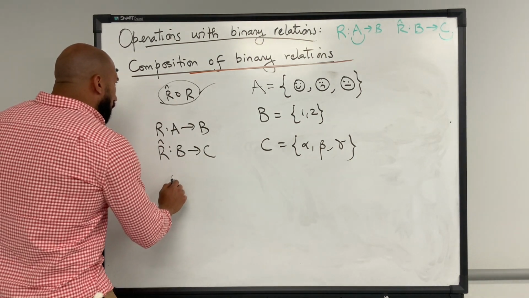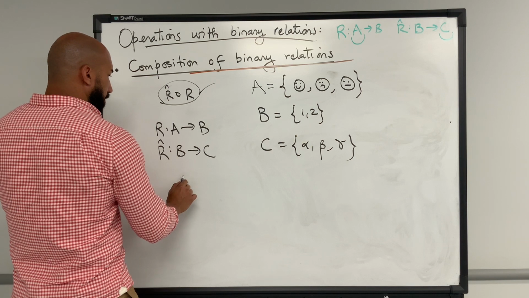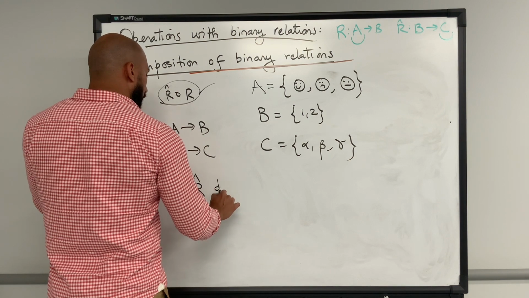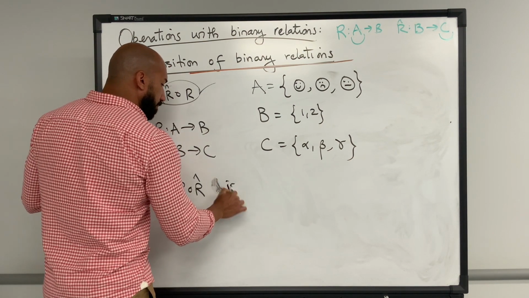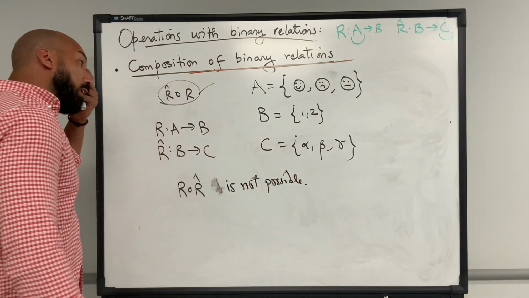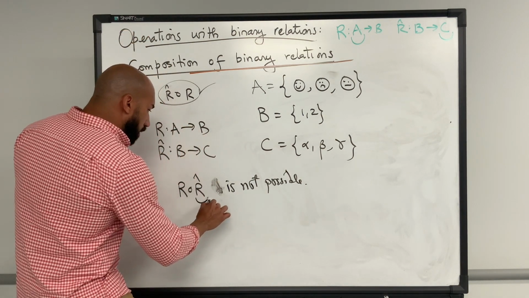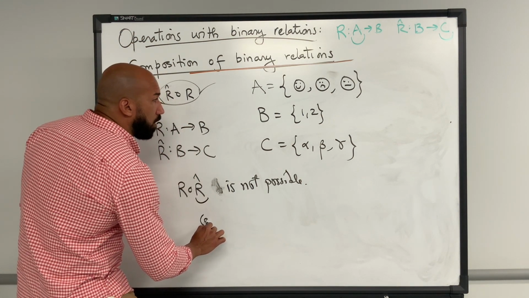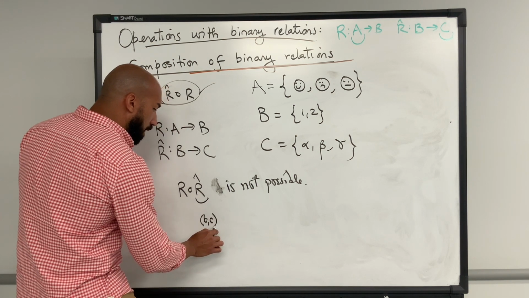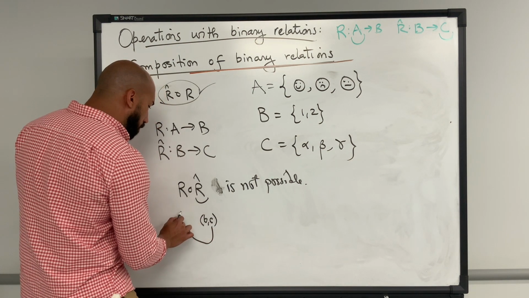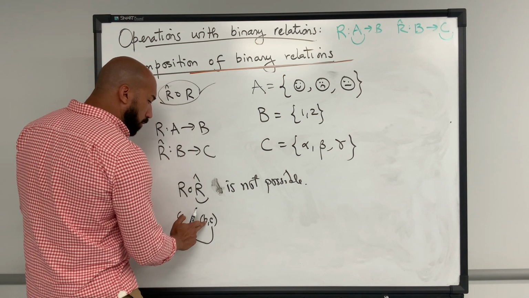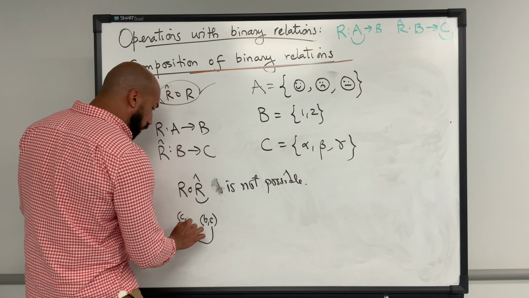Is that okay? But this composition is not possible. Is that okay? Well, why? Because now the pairs here are gonna be an element in B and an element in C. But the second component here must be the same as the first component of a pair here to be able to connect them.